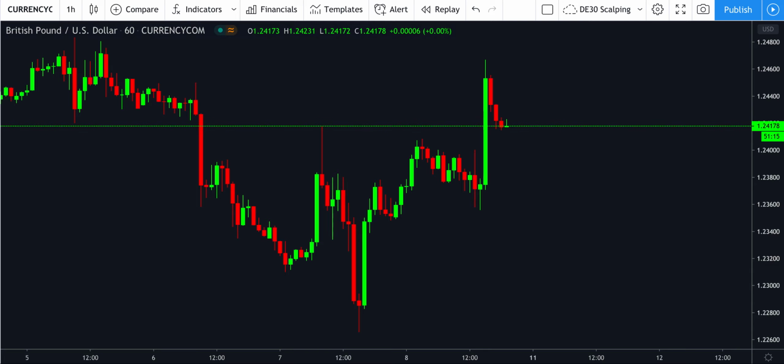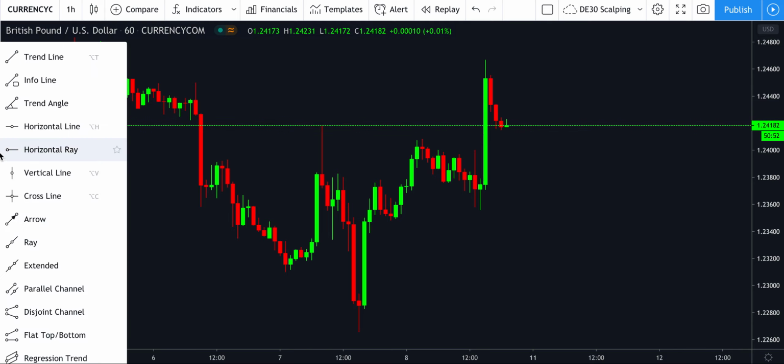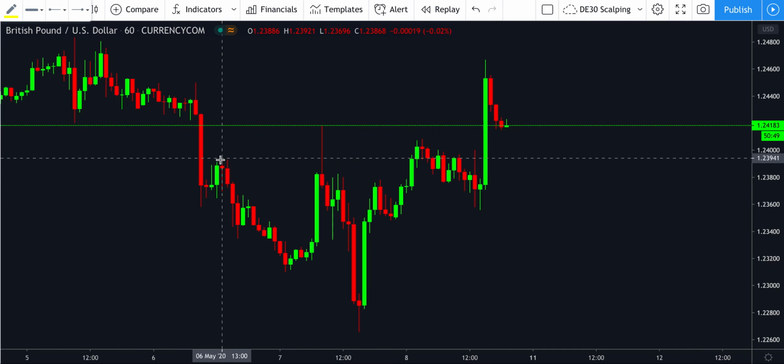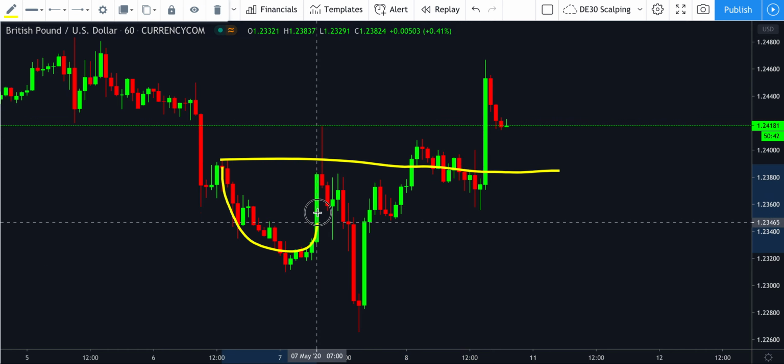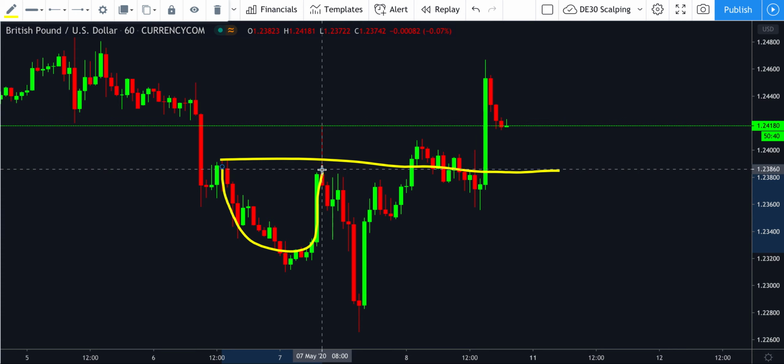Okay, so let's get started. I'm going to discuss the GBP USD pair, especially the potential trade setup for next week. To me, we have a reversal. We have a clear reversal shape here. We have a clear reversal at this level, and we can see clearly price has been making lower highs.